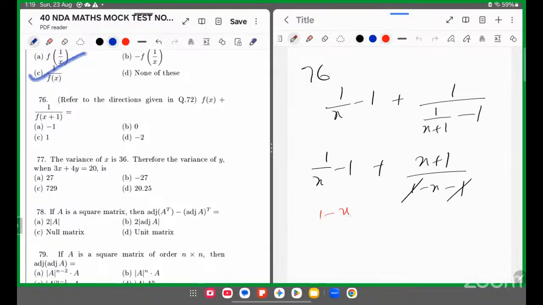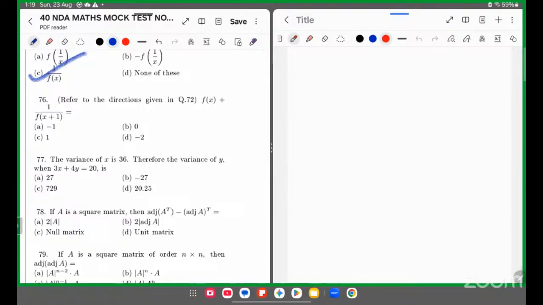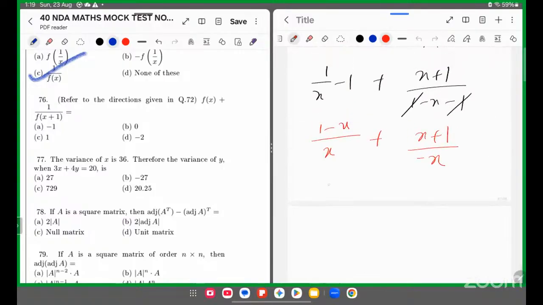So 1 minus x by x plus x plus 1 by minus x. I can write it as 1 by x minus x by x is 1, plus x by minus x is minus 1, minus 1 by x. So 1 by x, 1 by x cancel, minus 1 minus 1. So minus 2 will be the answer. Option D.